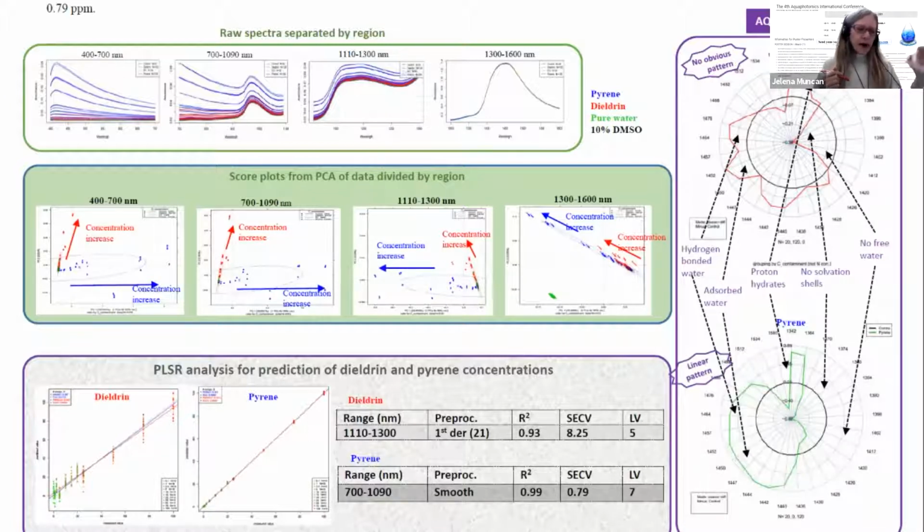And pyrene shows beautiful spectra. You know, you have baseline changes from visible. It's basically used based on fluorescence also, right? Petya? It's a fluorescence compound, so you have a beautiful baseline to play with. Dieldrin is not like that. So in the case of dieldrin, we rely definitely on chemical changes.